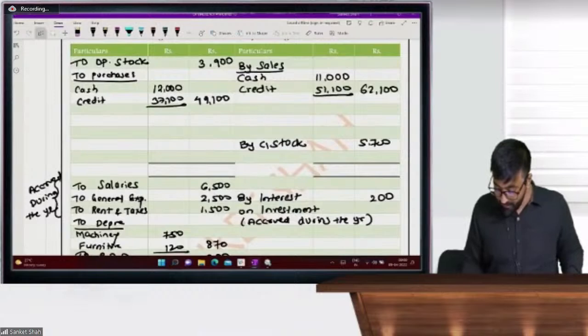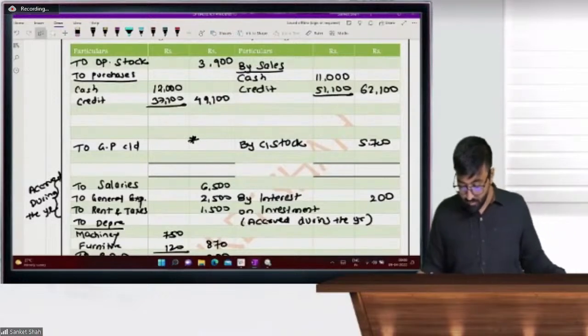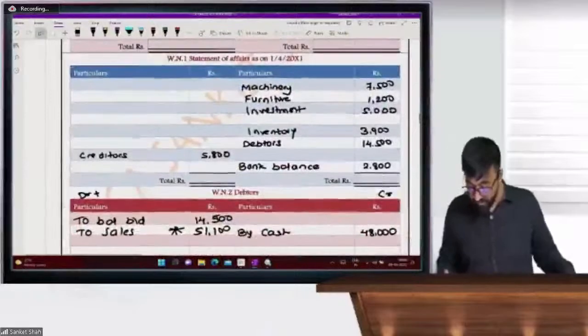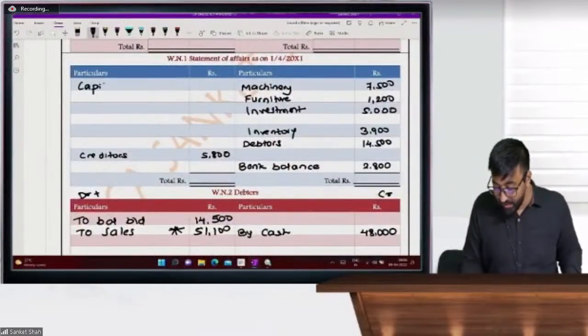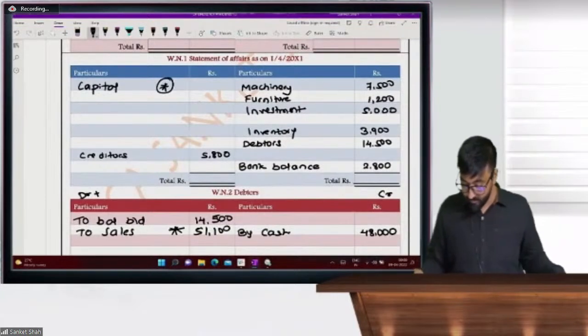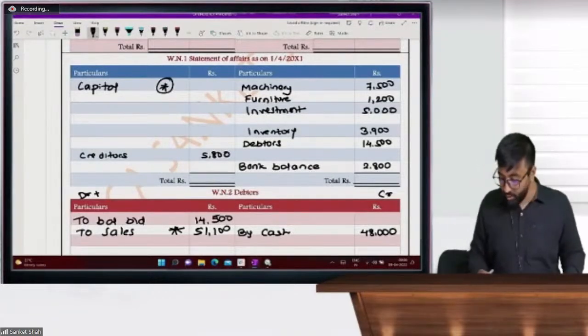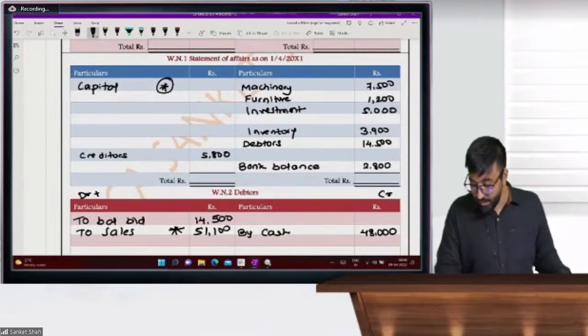So now you will get GP, gross profit carried down. Yes, first, no, statement of affairs. Yes, beta, you are correct. Now see, this is not tallying. So capital account is a balancing figure. Yes, star mark in exam. Yes, allowed beta, allowed. This is a balancing figure.